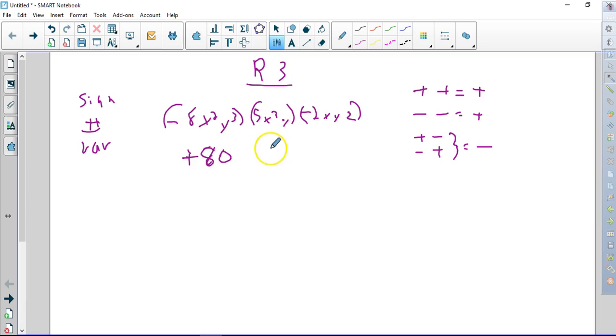Now I deal with my letters. Remember, the rule is when you multiply variables, you keep the base and add the exponents. So I have x squared and x cubed. That's 2 plus 3 is 5. And even though we don't write it, this is really x to the 1 right here, and y to the 1 and z to the 1. So I have 2 plus 3 plus 1.